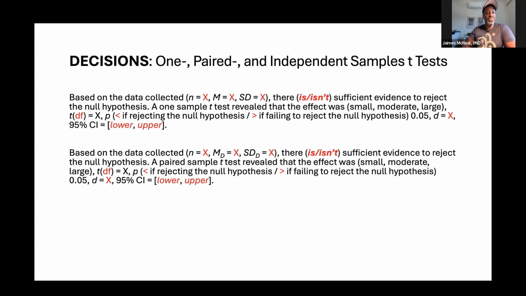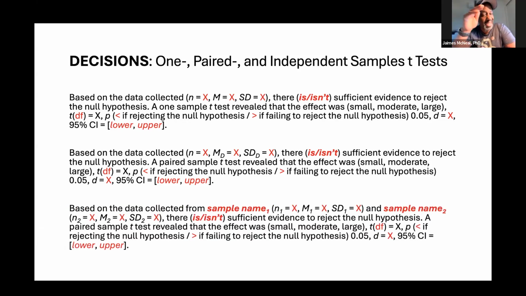Everything else follows suit: the small, moderate, or large, depending on what the result was, the degrees of freedom in parentheses, less than or greater than if we're rejecting or failing to reject the null hypothesis, the Cohen's d value, and the 95% confidence interval, lower and upper.